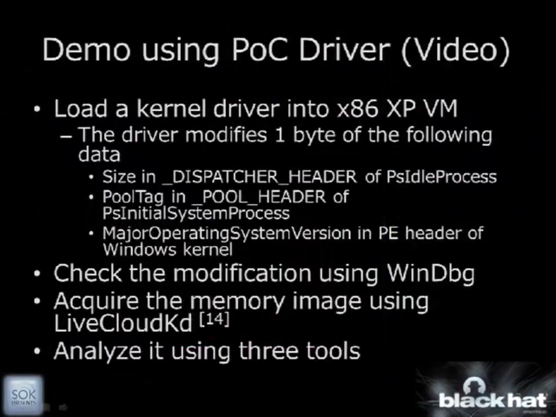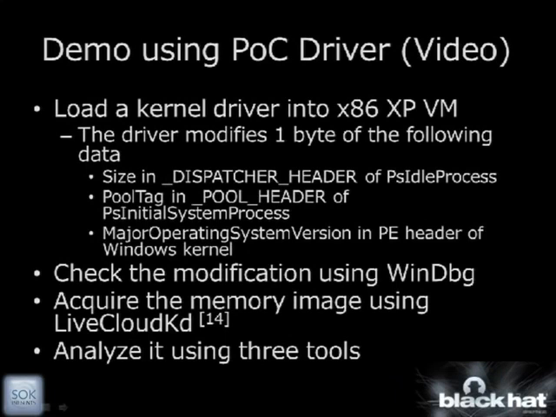I performed all data modifications using the Windows debugger, WinDbg, but I also wrote a PoC driver, modifying 1 byte per analysis tool. Now I show you a demonstration using the driver. First, load a kernel driver into an XP virtual machine.